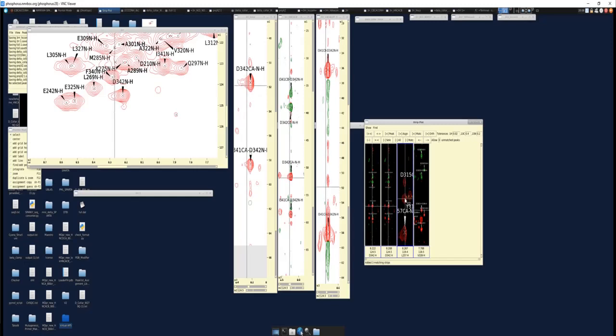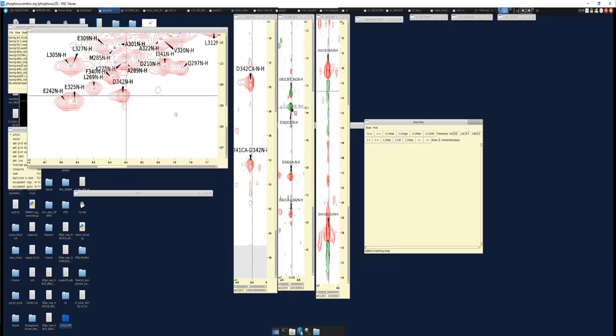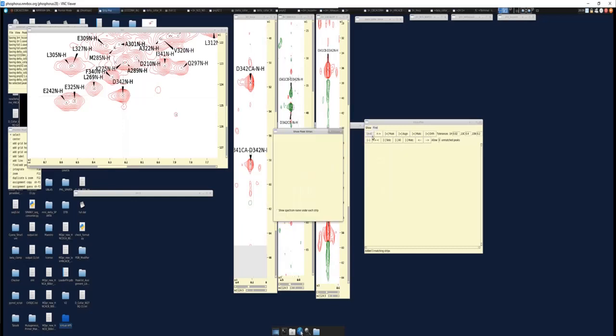But you can see here that this one does match. It is the actual I-1. So this match, or either of these matches, don't quite make sense. However, when searching forward using the CBCACONH, we were able to find matches that actually made sense, that were the I-1 of that strip.